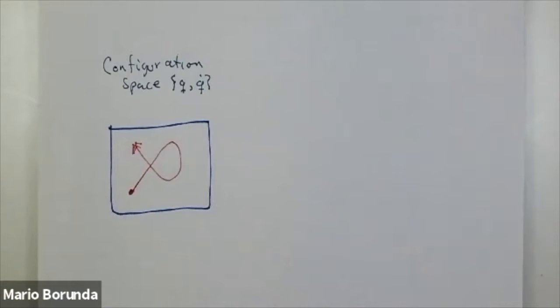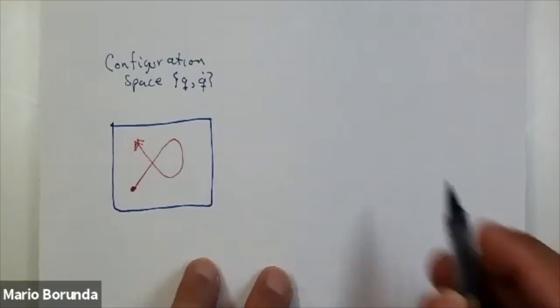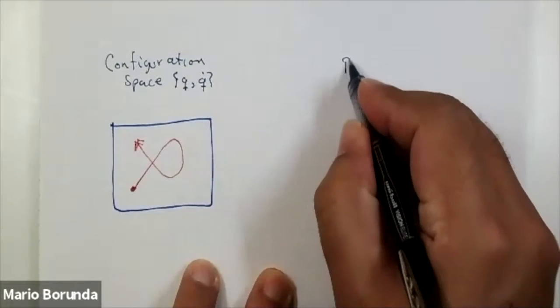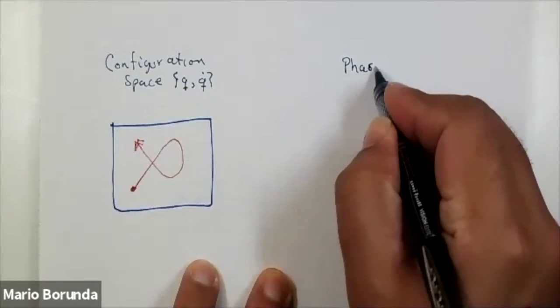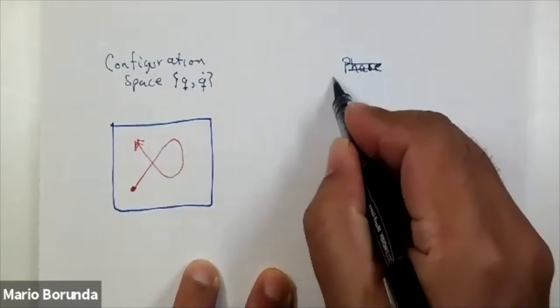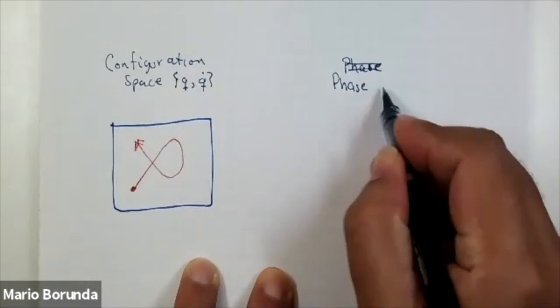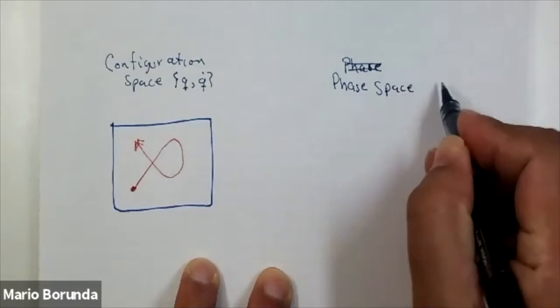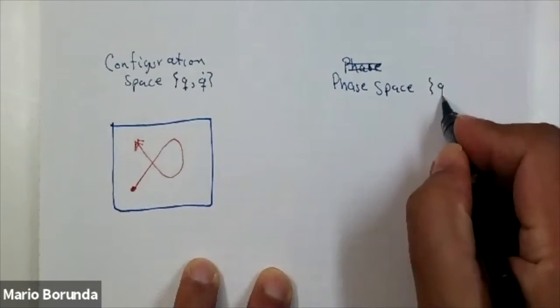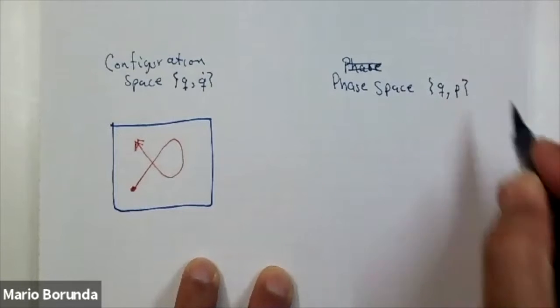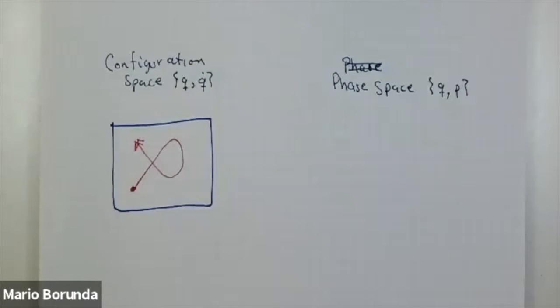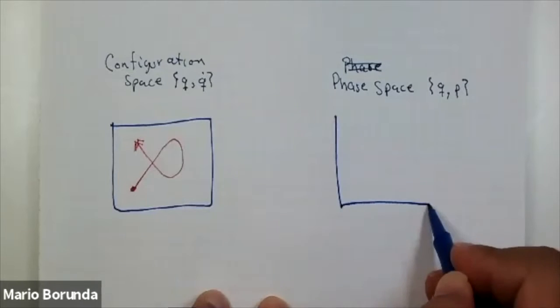Now, in the Hamiltonian formalism, we're thinking about, let me rewrite this, phase space. So this is not configuration space, because now we're thinking about q and p. So this is a bit different.